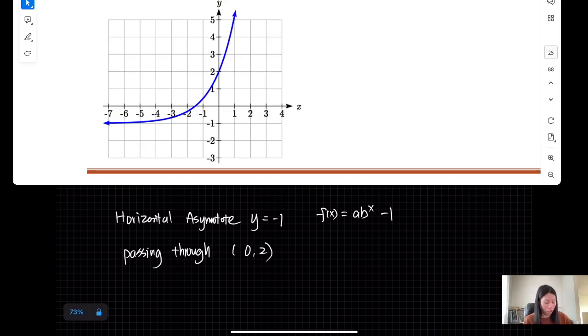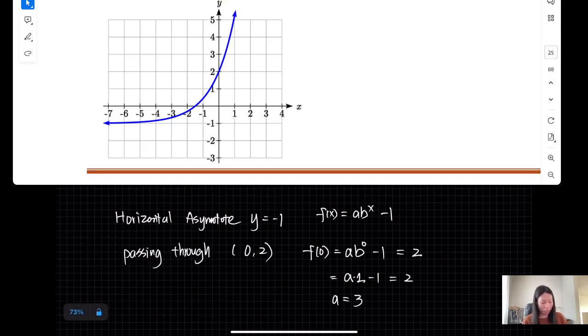I will have f(0) = a times b^0 - 1 = 2. But b to the 0 power is 1, so a times 1 minus 1 is equal to 2, which means a is going to equal 3.